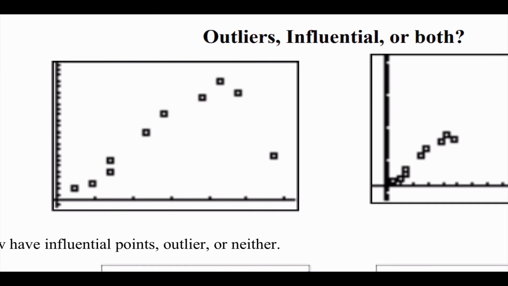So if it was not there, let's say it's not there. The regression equation would probably look something like, or the line would probably look something like that, right? Now, if I were to add that point in there, what would happen to that blue line? The slope would change, right?